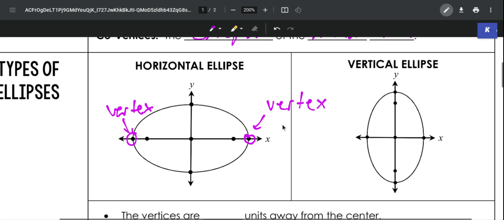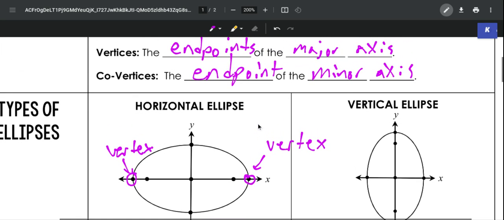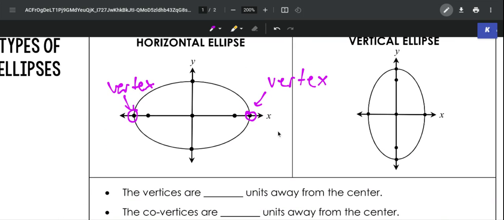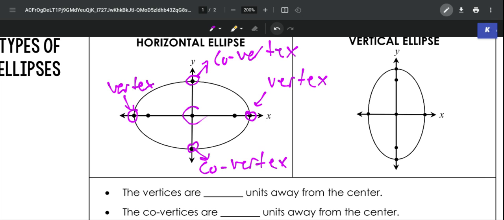Our co-vertices are the endpoints of the smaller axis of symmetry, which in our horizontal ellipse is the vertical line. So this endpoint and this endpoint are our co-vertices. That's a co-vertex, that's a co-vertex. And of course here is the center of our ellipse.